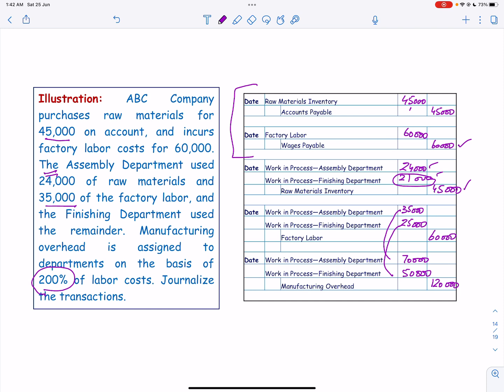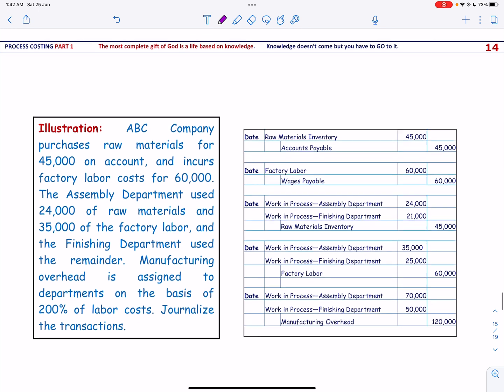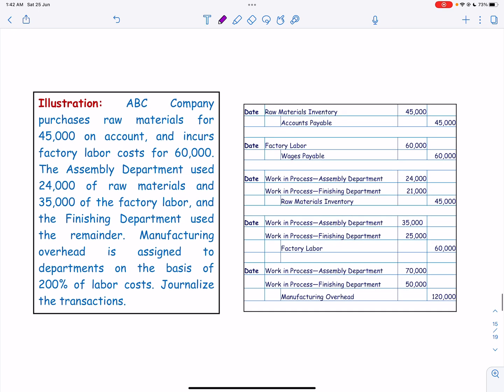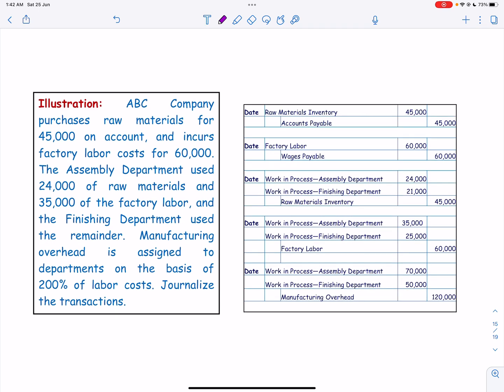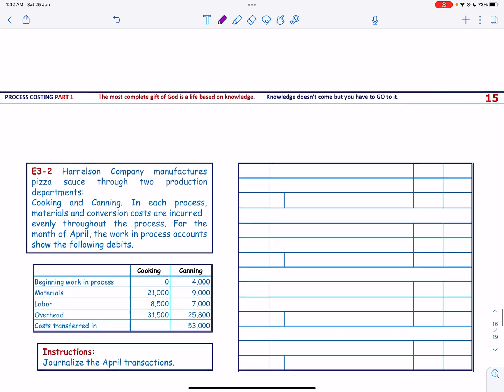That's how you see we have prepared the journal entries for accumulating cost. We have prepared journal entries for assignment of material and labor cost, and then we have finally recorded journal entries for the assignment of overhead cost. For those who want a clear explanation, I have put the solution on this page as well. And let us go to another exercise.